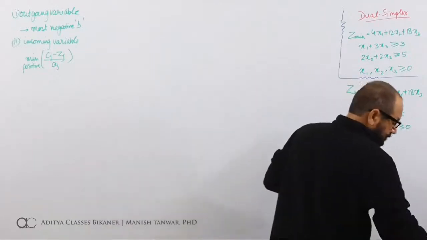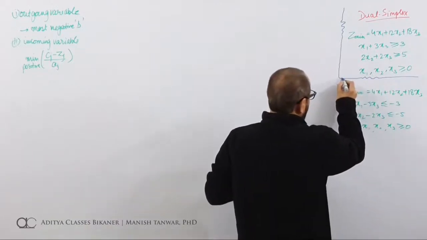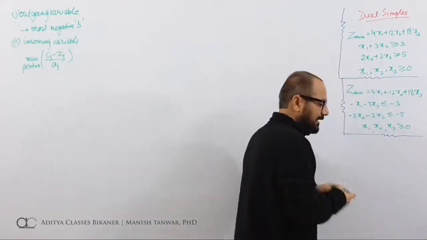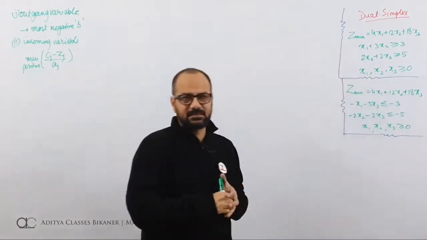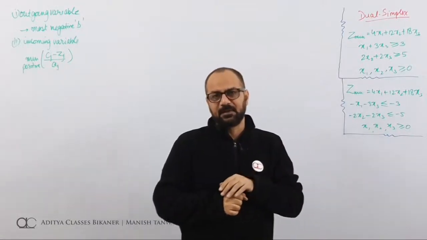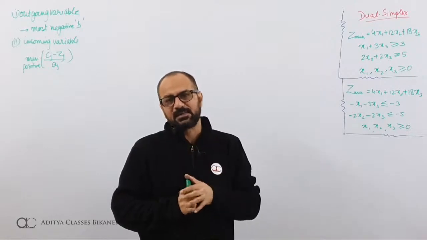Now, if we see here, what I have done is I have converted the inequalities into less than or equal to kind of inequalities, but I have left the optimization function as minimum only. I have not converted that minimization into maximization.